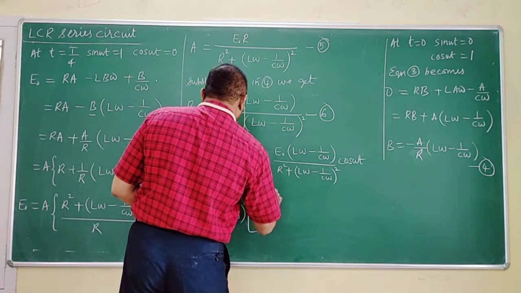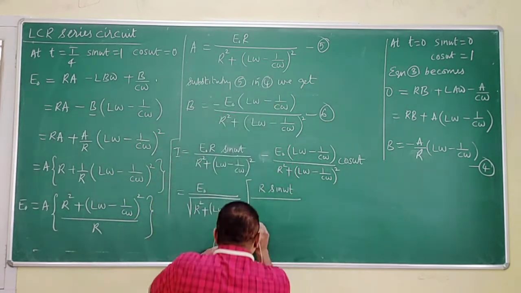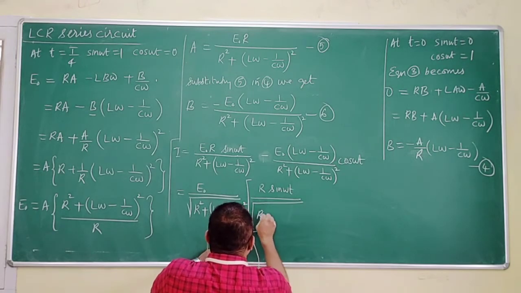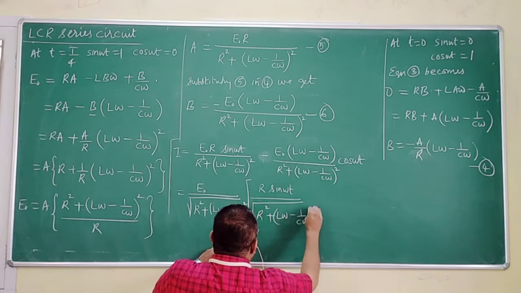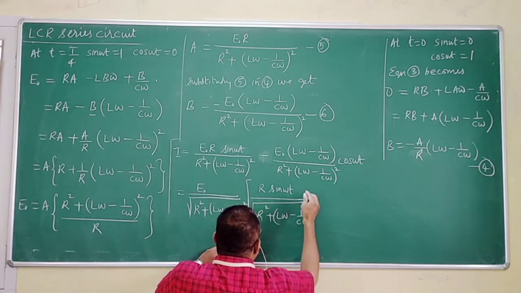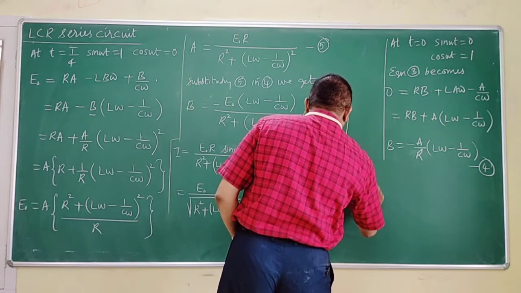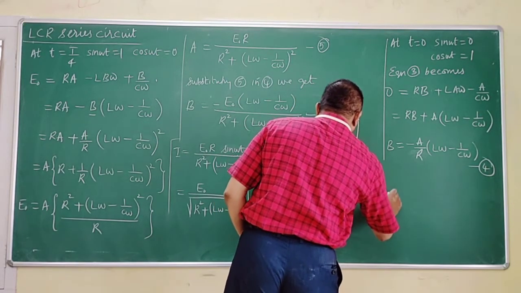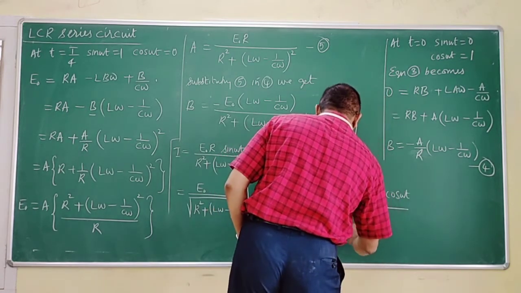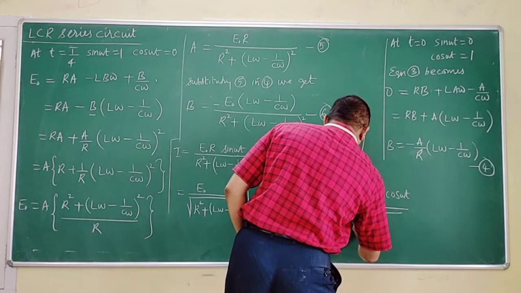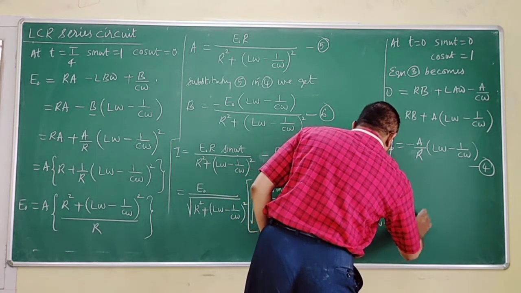This will be R sin omega t upon under root of R square plus L omega minus 1 by C omega square. Okay? Minus L omega minus 1 by C omega cos omega t upon under root of R square plus L omega minus 1 by C omega square.